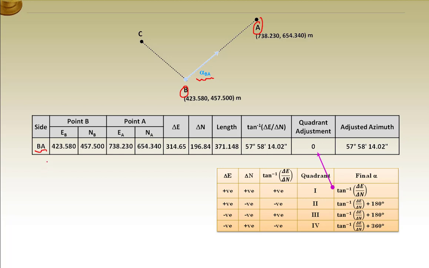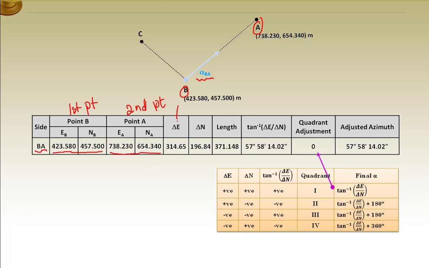For the course BA, we have the first point as point B, and these are the coordinates. And we have point A, the second point. This is the first point, and this is the second point.